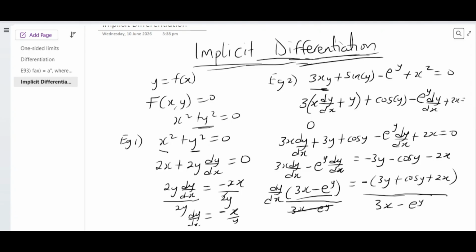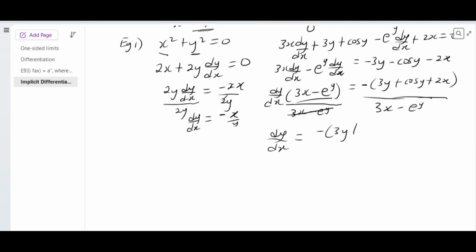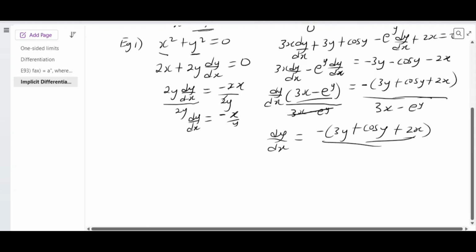This is just going to cancel that, and then finally we are going to have dy/dx equals minus 3y plus cos y plus 2x. Don't forget, I've just factored the negative out, all over 3x minus e to the power y. And so this is the derivative of the function we have.